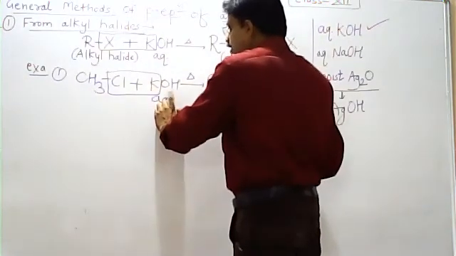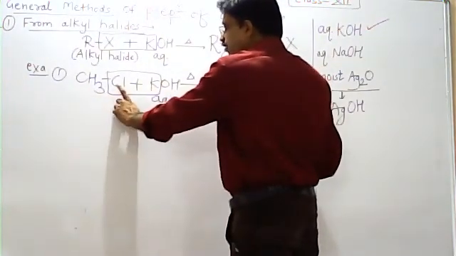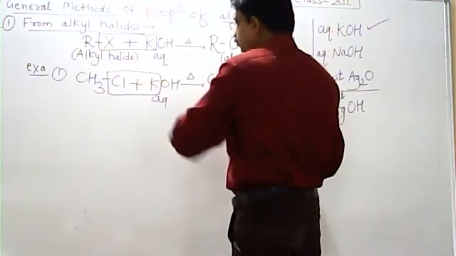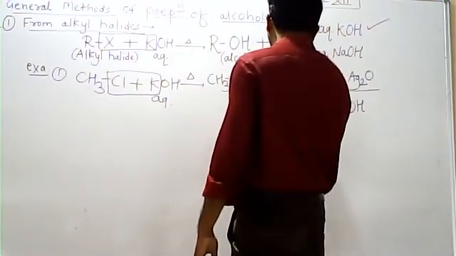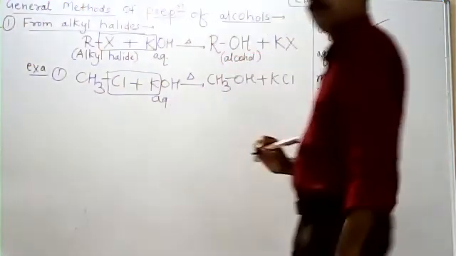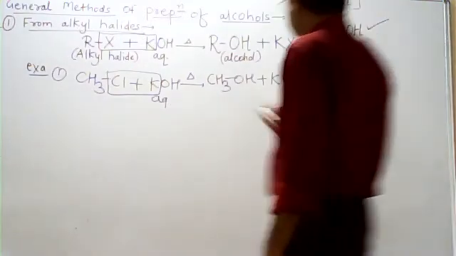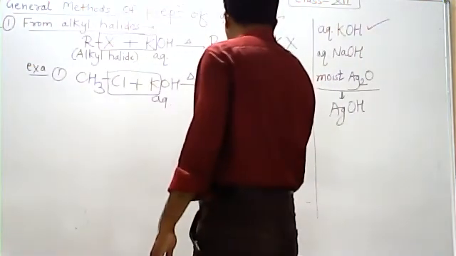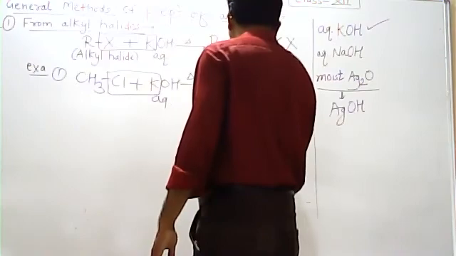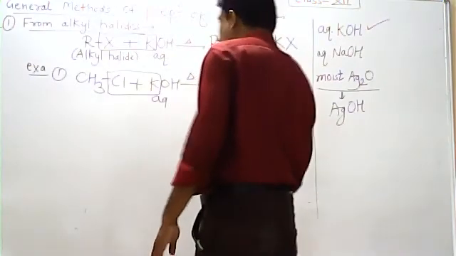K चा पार्टनर होता हायड्रॉक्सिल ग्रुप, तो मिथाइल कडे गेला. मिथाइलचा पार्टनर होता क्लोरीन, तो पोटॅशियम कडे आला. बाय प्रोडक्ट KCl. So this is methyl alcohol, or IUPAC name is methanol.